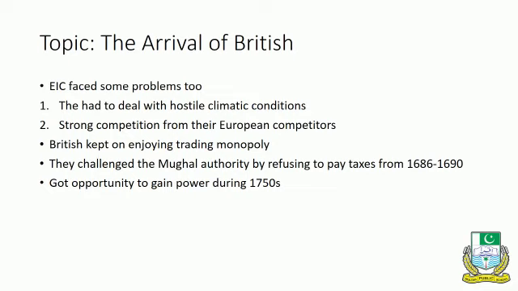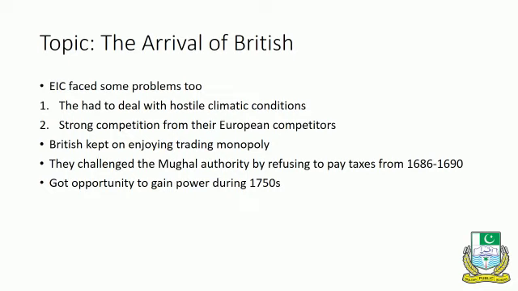The EIC's ambitions were now clear, but they had to wait for a better time to gain power, and that opportunity came in the 1750s when the Mughal Empire was collapsing and the Indians were too busy fighting among themselves that they did not consider the British EIC as their enemy.